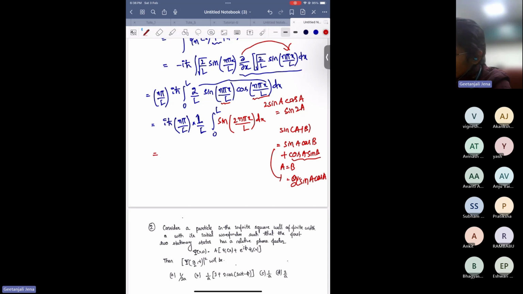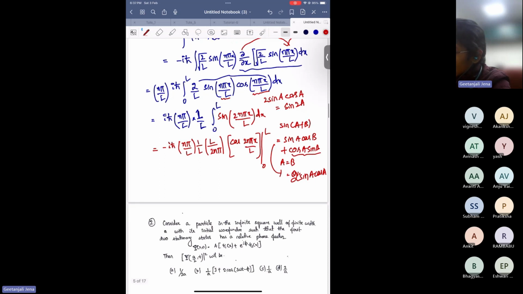Now I think everyone can solve it. This is easy to solve. One by L, and there will be a constant factor that will come out. So this will give minus cos 2n pi x by L from 0 to L. Okay.